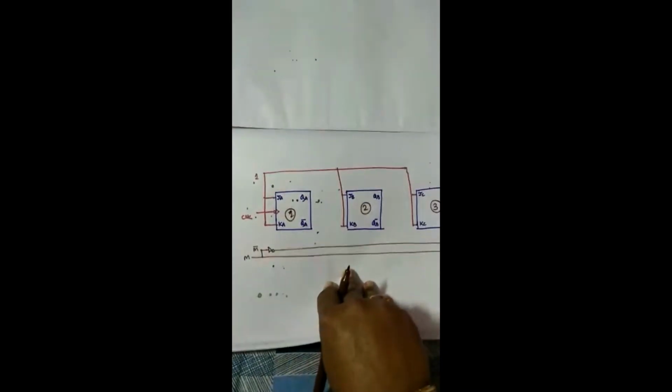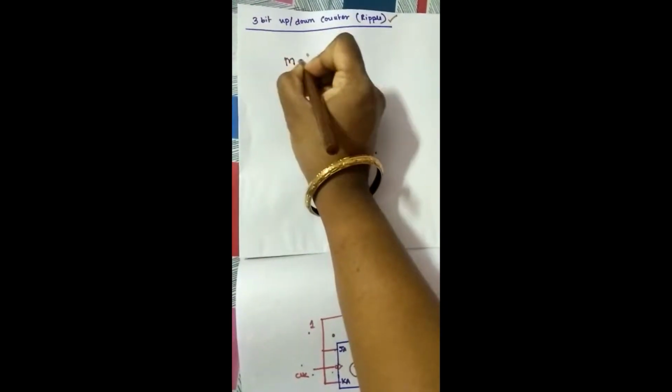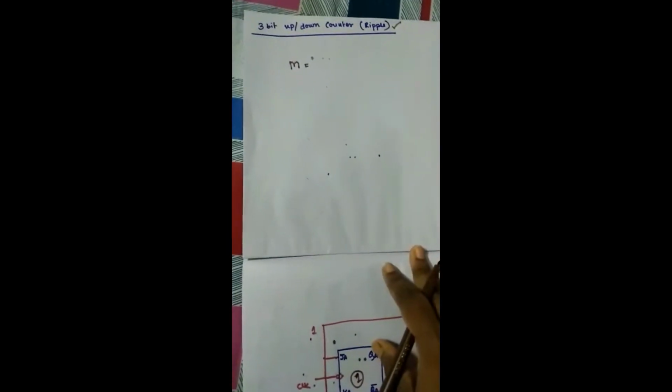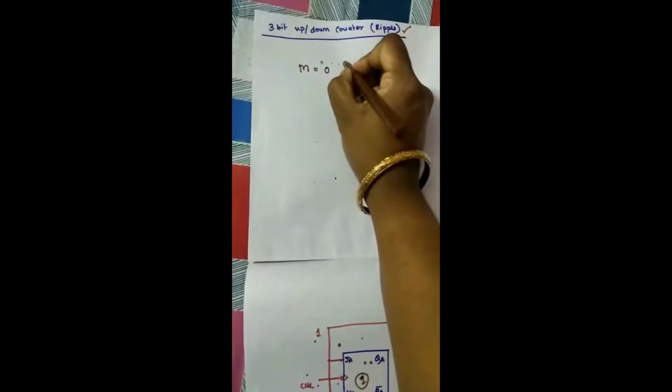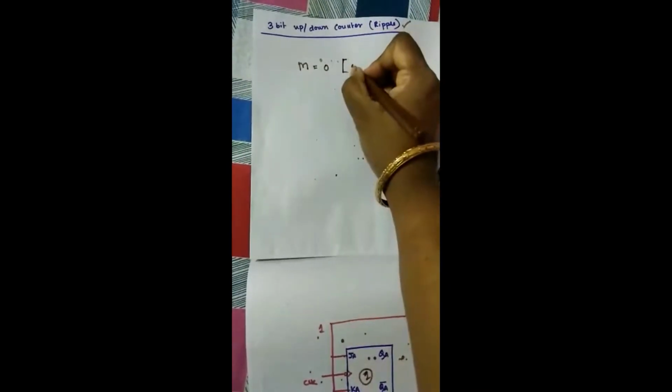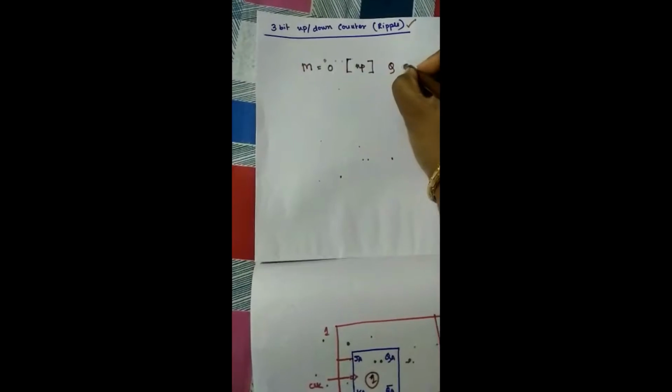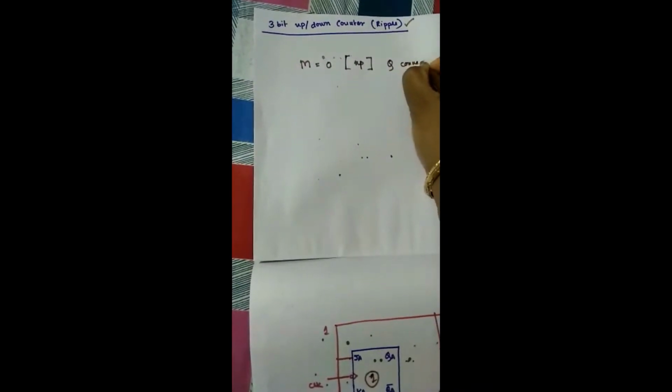For this case we require a particular control signal, which we term M. We consider M as the control signal. When M has the value 0, let us consider it will count in the upward direction, and then QA or Q is connected as the clock to the next flip-flop.